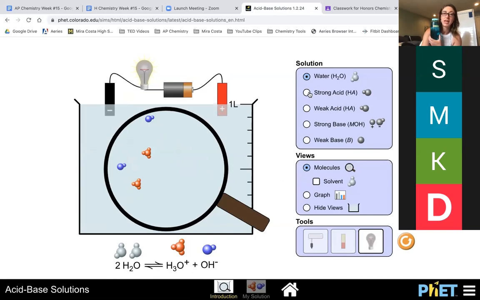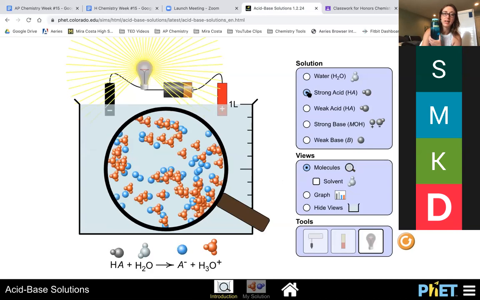But if I put a strong acid in there where there's a lot of ions, okay, where these positive and negative charges are there, you can see, wow, that light bulb lights up a lot. That's what we would call an electrolyte. An electrolyte is something that conducts electricity. So in other words, if the current is completed between these positive and negative electrodes here, then the light bulb lights up.